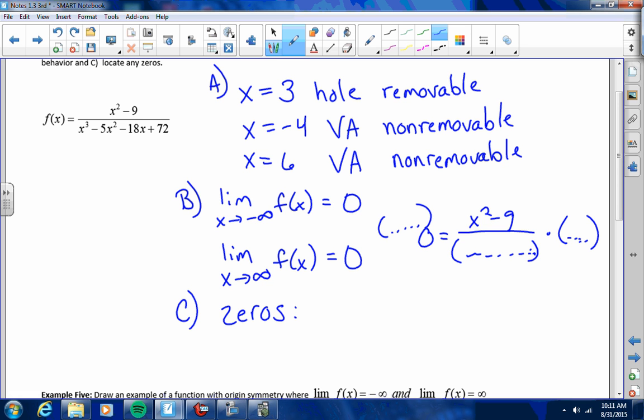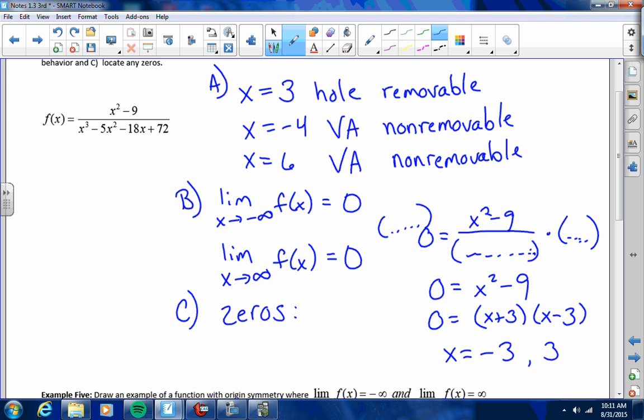What happens when I multiply that denominator times 0 on the other side? We get 0. So now 0 equals x squared minus 9. Can we solve that? Yes, we can. I can factor. X squared minus 9 gives us x plus 3, x minus 3. So what are my x values?